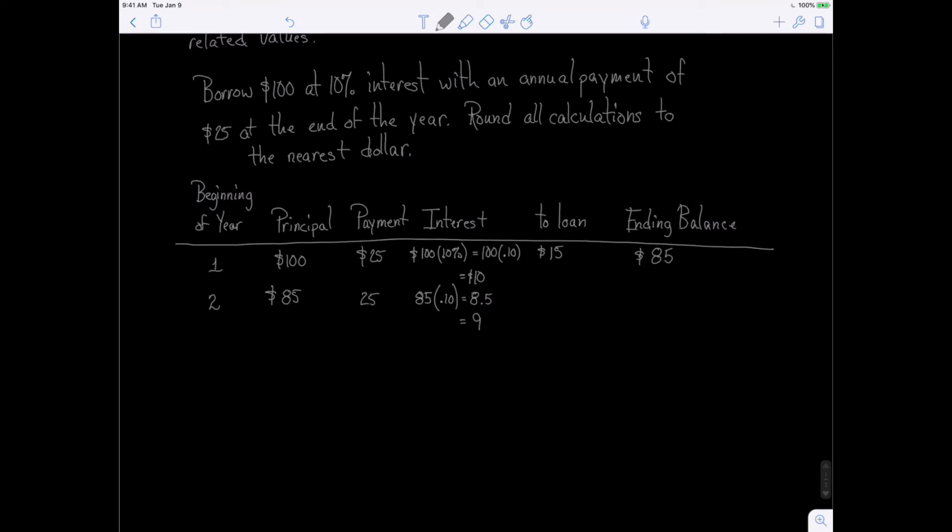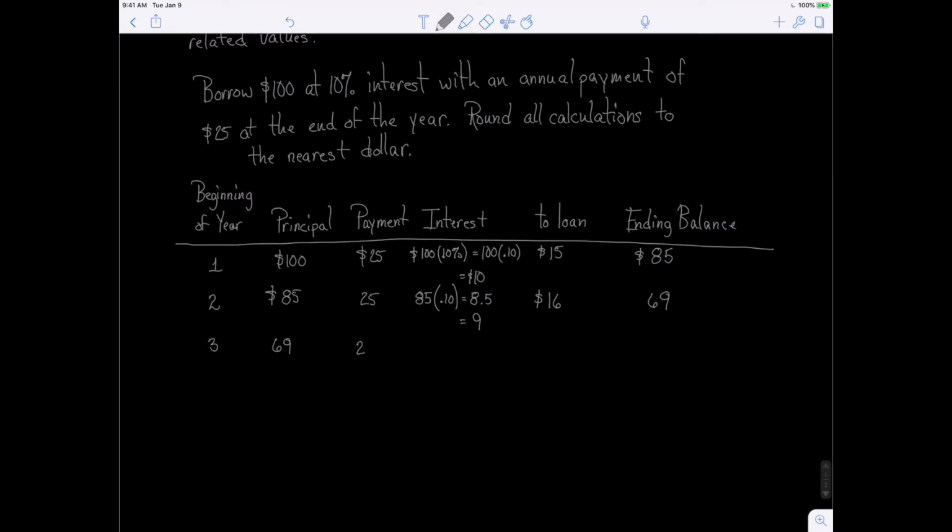So now our loan is going to be paid down by $16. We take our 85, we subtract 16, and we get $69. And then we begin year 3, and we still owe $69.